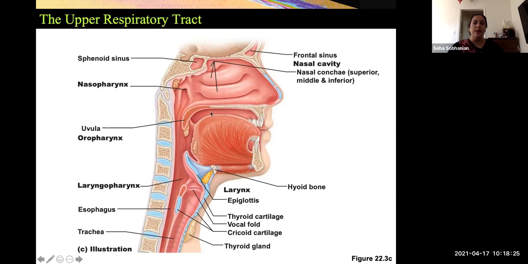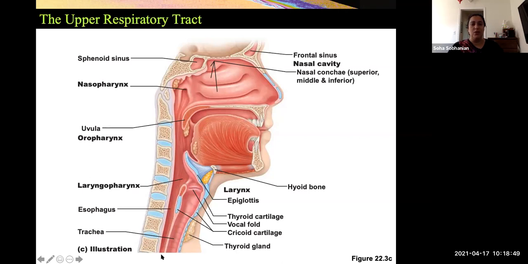Going down behind your oral cavity, here's your mouth or oral cavity, the area behind that would be your oropharynx, which is the space right here. And the area that's closest to the larynx, where your 2 vocal cords are right here, is called the laryngopharynx.